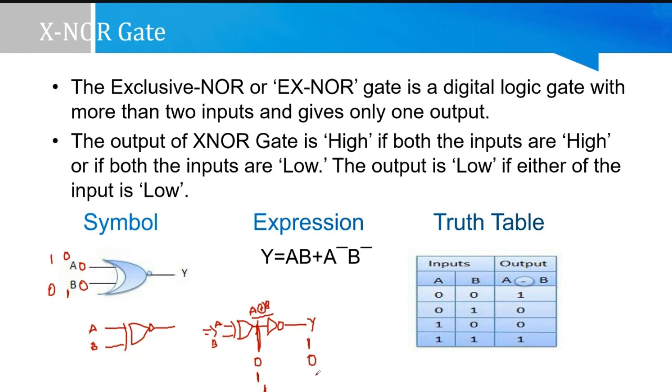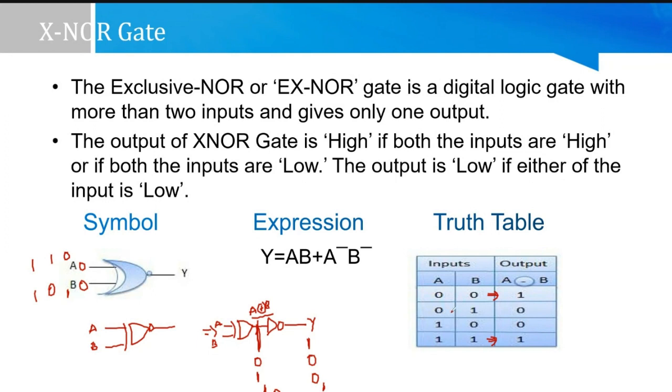So 1 will be inverted, it will be 0. When both the inputs are high, the XOR will be 0 and XNOR will be 1. So it is an inverted XOR operation, or in a simple manner, whenever both the inputs are at the same condition, you will have the output at high.